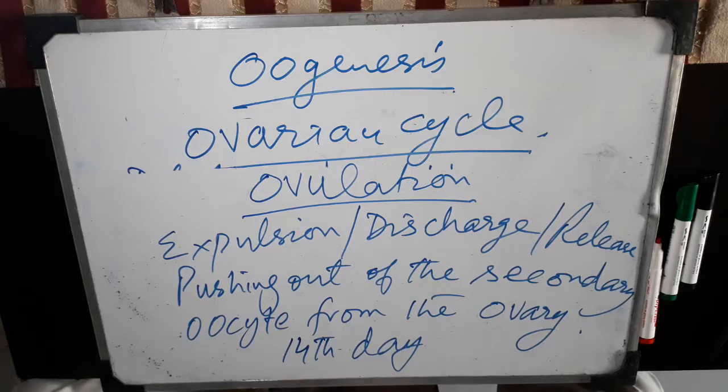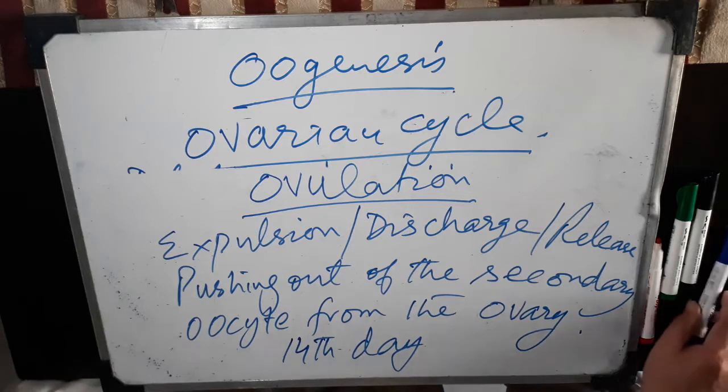So the later 14 days are fixed, earlier days are not fixed, so it varies according to the total days of the cycle. So this is the definition.